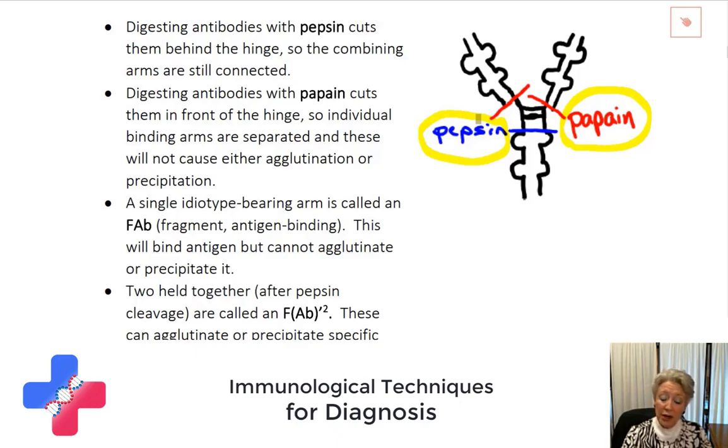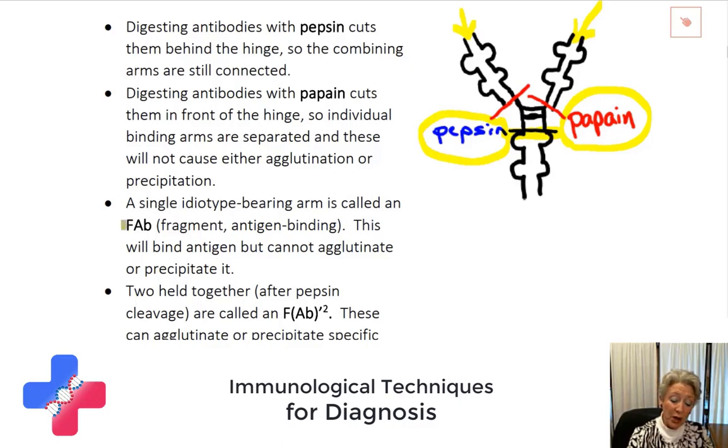And they learned that if you cut an antibody molecule with pepsin, what would happen is that you would cut behind the hinge that we now know exists, and it would leave in the front, still attached to one another, the two antibody binding arms.